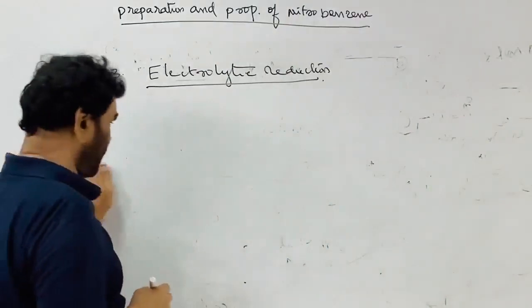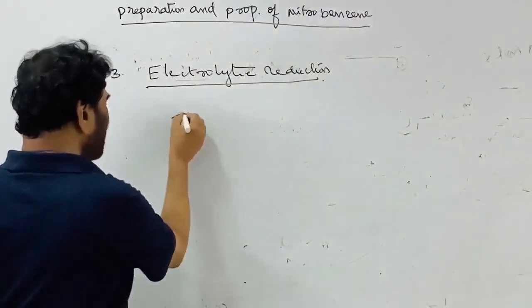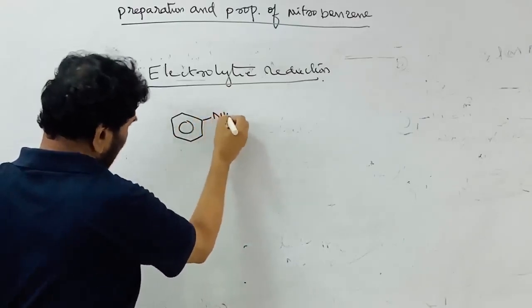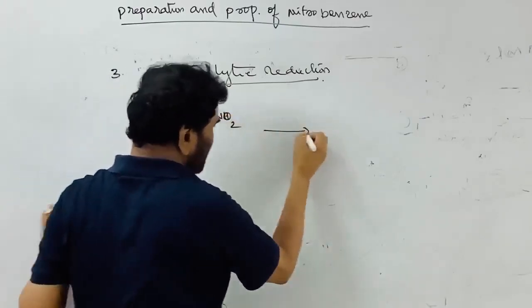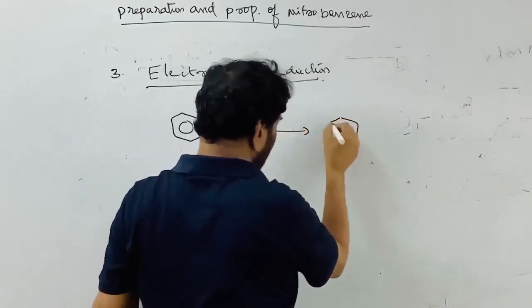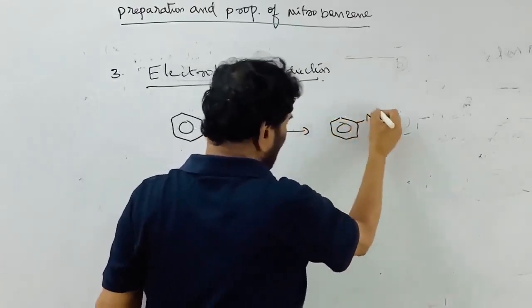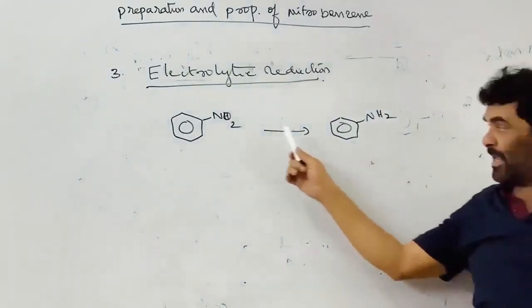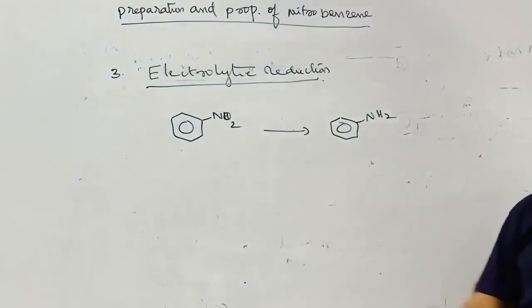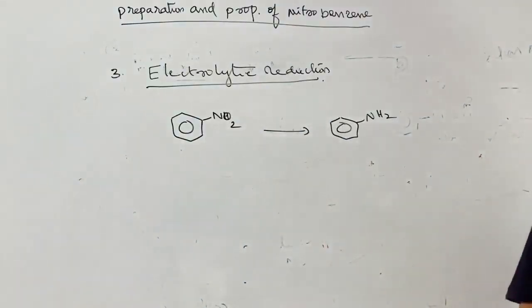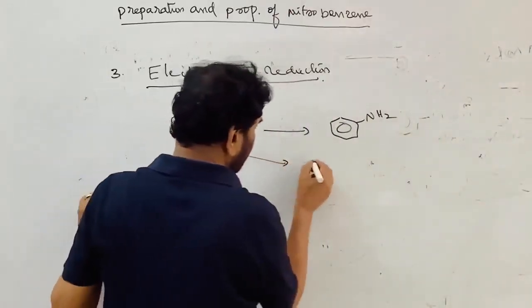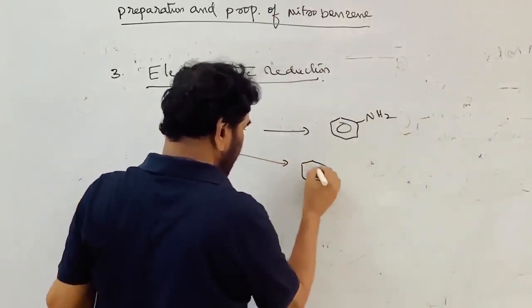Electrolytic reduction of nitrobenzene. Normally, if nitrobenzene is treated with acid media, it is converted into aniline, the NH2 group. It is very simple. But this is possible if an acid of moderate concentration is used. If you use a very concentrated acid, instead of this it is converted into phenyl hydroxylamine.